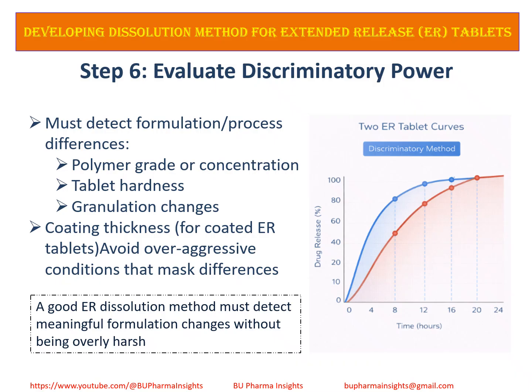That's why during development, teams often create intentionally varied batches to demonstrate discrimination, such as changes in polymer grade or concentration, tablet hardness, granulation process, coating thickness, especially for coated ER tablets. A good method can clearly separate these variants. At the same time, avoid over-aggressive conditions, as excessive RPM or surfactant level can mask real differences, creating regulatory risk.